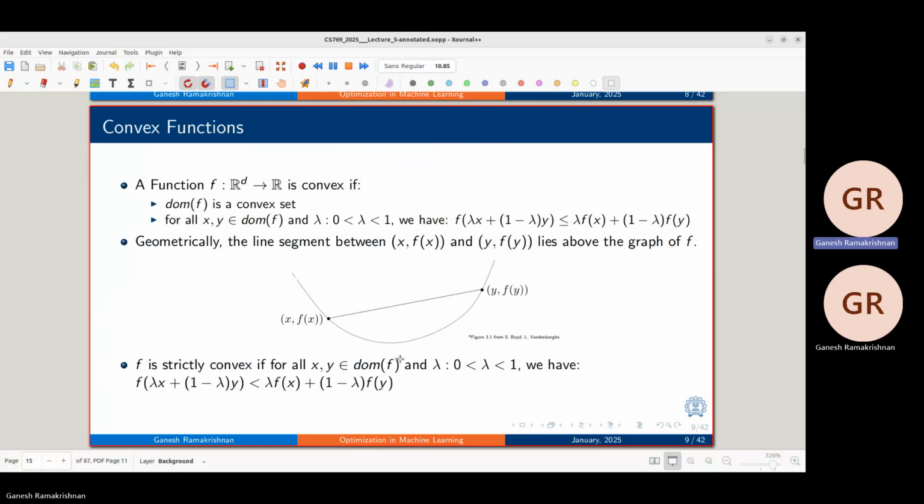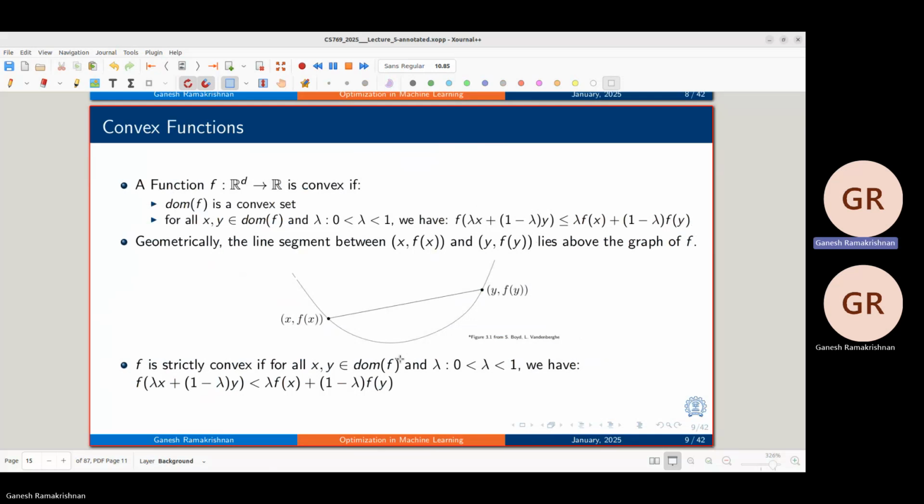Now we move on to convex functions. So enough of convex sets. A convex function, a cup-shaped function, as you would always visualize, is a function such that it is always below the line segment joining any 2 points. Very, very intuitive definition.